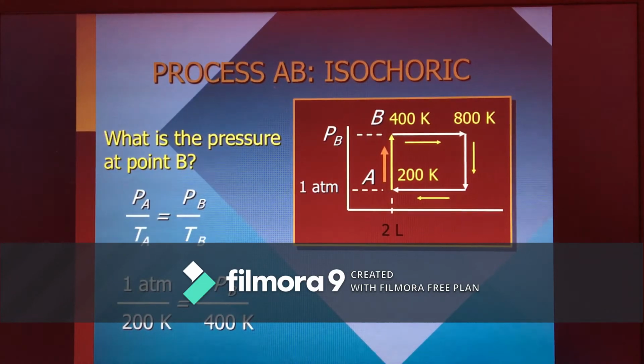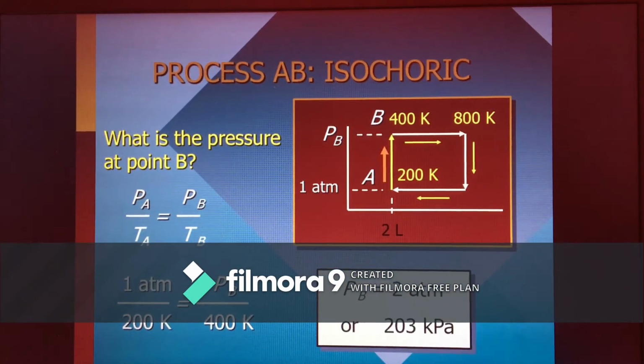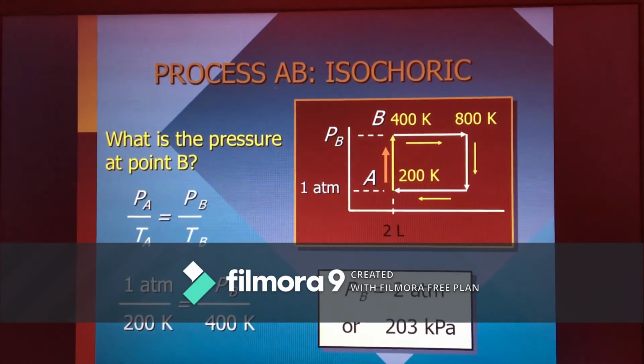Now solving for PB, we got PB equal to 2 atmospheres. Since 1 atmosphere is equal to 101,300, multiply that by 2, so we get around 203,000 pascals, or 203 kilopascals. Alright, is that clear? Any questions?